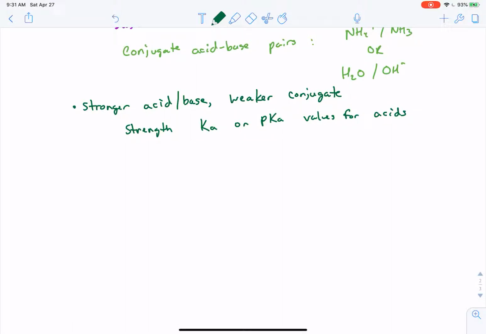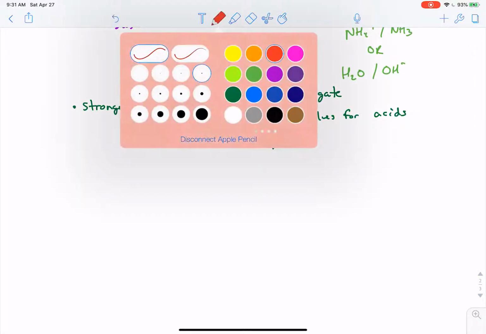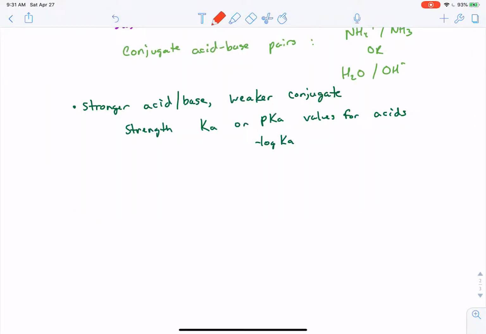Now, pKa means negative log of Ka. So, which means it's going to mean the opposite of what your Ka value is. And so, a stronger acid means a higher Ka, but a lower pKa. Because you take a negative log, it makes it the opposite relationship.